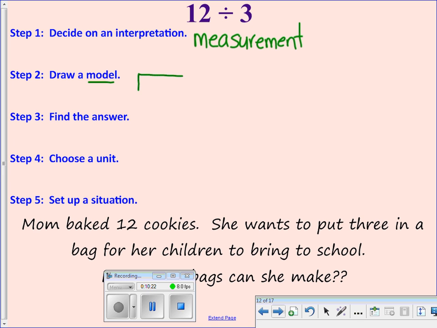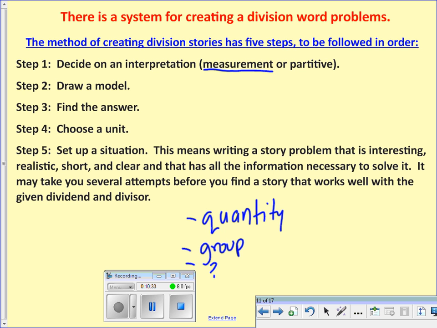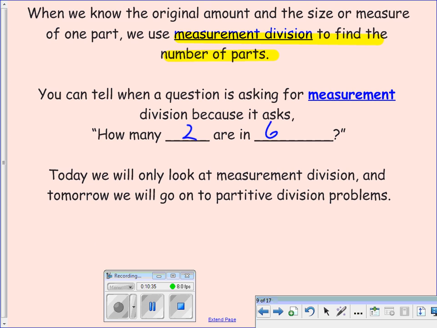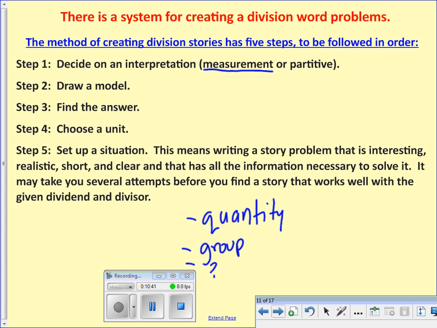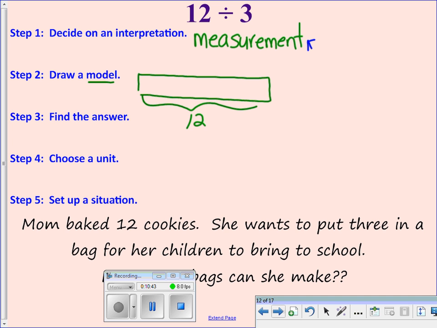We have 12. Now when we're doing measurement, what are we looking for in measurement? For measurement, we want to know the number of groups. So let's write that as a reminder. Measurement, we want to find the number of groups.